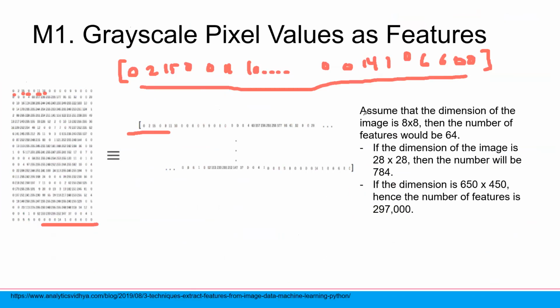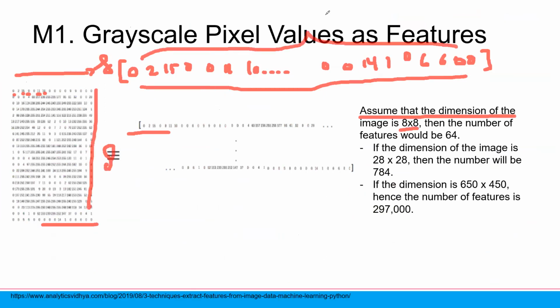If the dimension of the image is 8 multiplied by 8, then the width is 8 and the height is also 8, so the total number of values is 64.